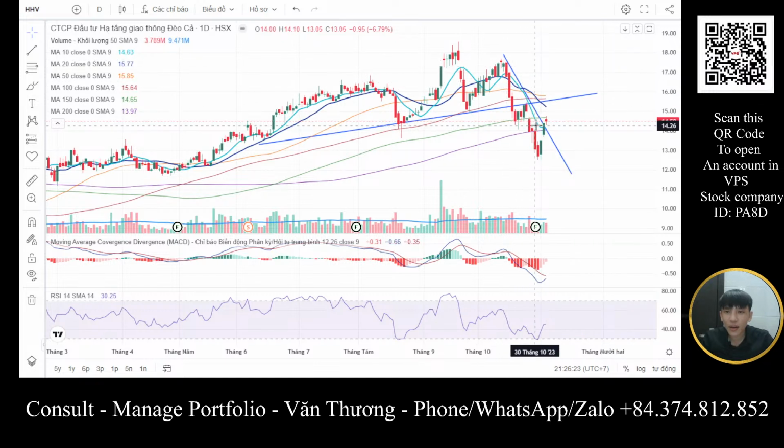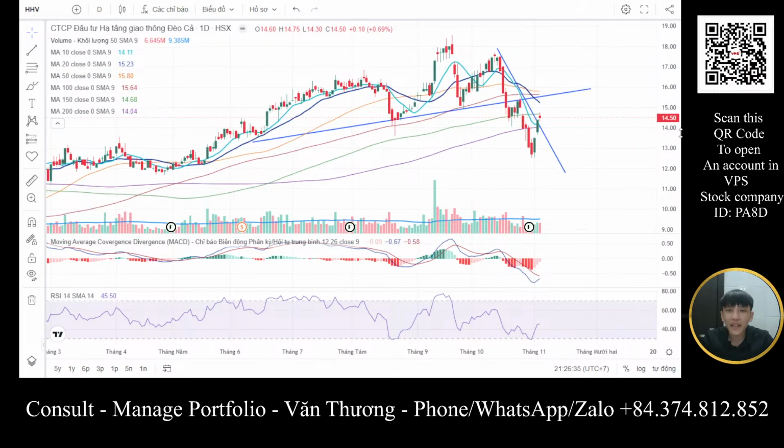At least the stock has to set up in this area, and then it can move up. Right now the stock is in a downtrend, so it's very difficult for it to go up like a V shape. It's very tough, so this sector cannot lead the market.